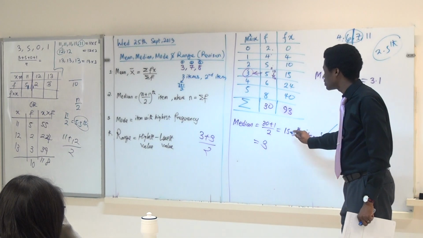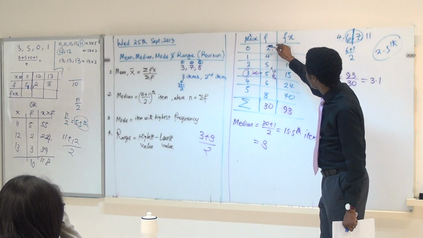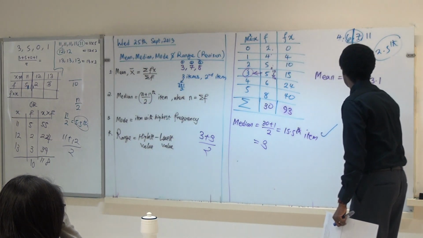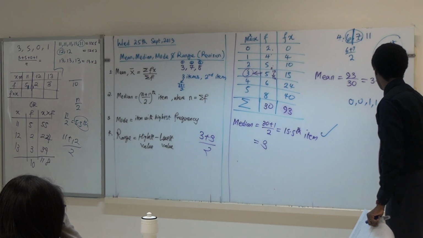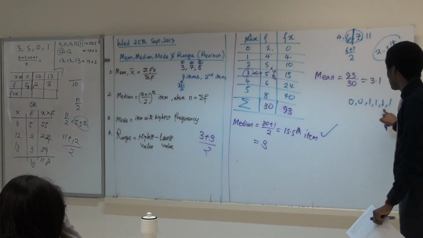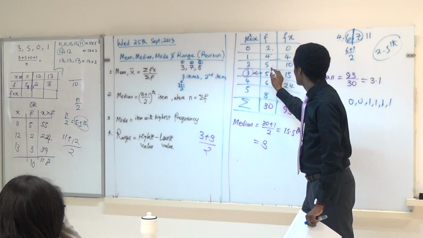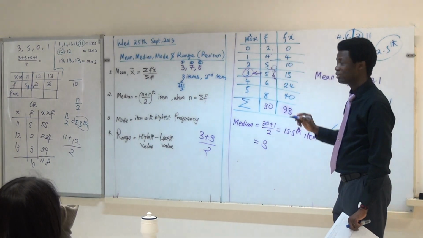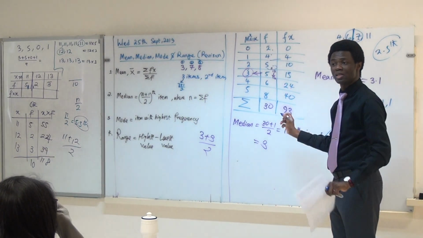So once you know the position, go to the table and trace it. From here, this means you have 0, 0. Then you have 1, 1, 1, 1. So that's 6 altogether. Up to this point, there are 6 of them. Then up to this point, there are 11 of them. You are looking for between 15 and 16.